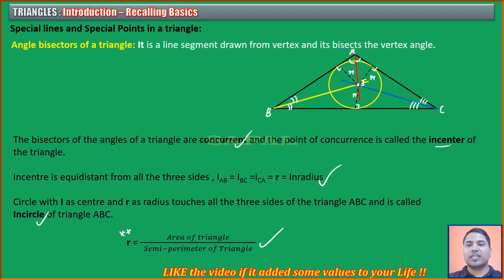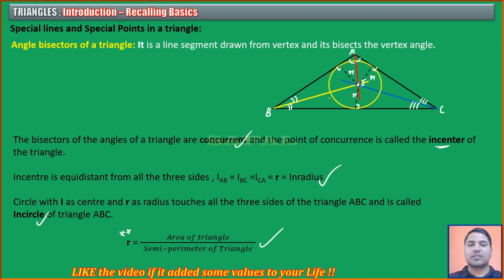That point we call incenter, generally denoted by capital I. Incenter is equidistant from all the three sides of a triangle, and that equal distance we call inradius. Taking I as center, a small r as radius, if we draw a circle, the yellow one you can see on the screen, it will touch all the three sides, and this circle we call incircle of triangle ABC, and the radius formula for incircle is area of triangle divided by semi-perimeter.